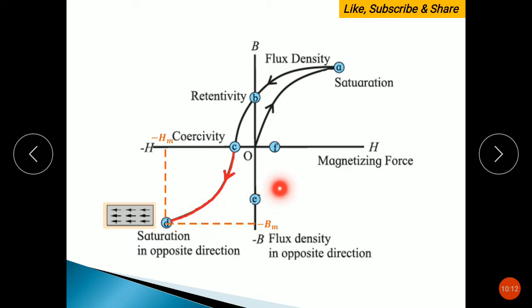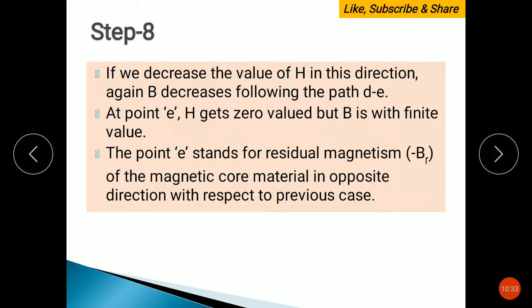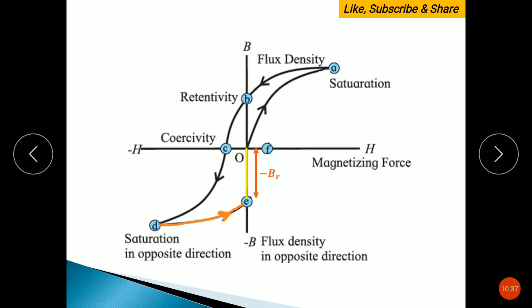Now we increase the current from this negative value to 0, so the external magnetic field starts increasing from the reverse direction. When it goes from minus H max to 0, the B produced by the material should be 0, but it will not be 0.